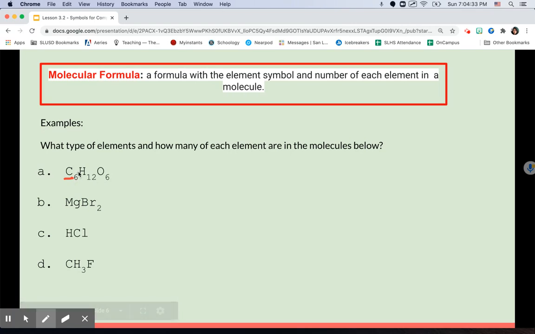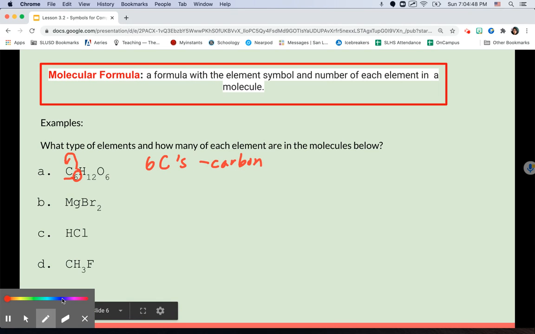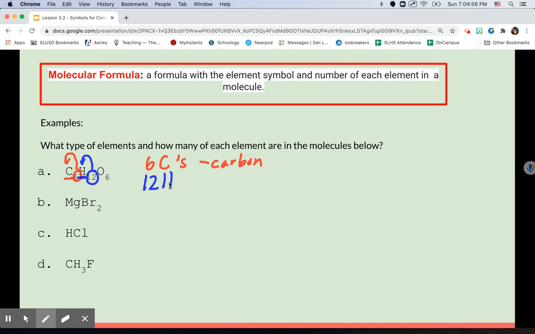So here I have C and then the number 6. So that means I have 6 C's. If you know what C is, then it's carbon. But if you didn't know this, that's okay. Totally fine, because we're going to talk about that another time. All right, so then I see another capital letter, H, and the number next to it. So that means here I have 12 H's, or hydrogens, right?